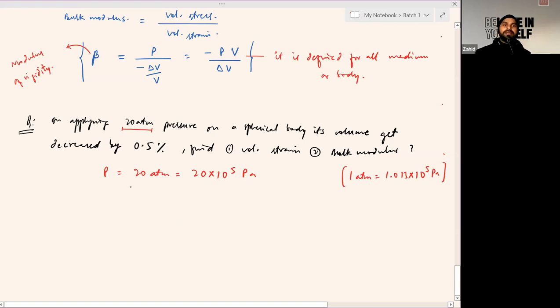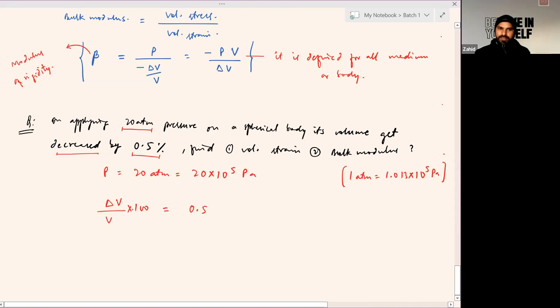Next is decrease in volume by 0.5%. Percentage of a particular quantity is defined as change in quantity divided by initial quantity into 100. This is called percentage of that quantity, and it equals 0.5%.